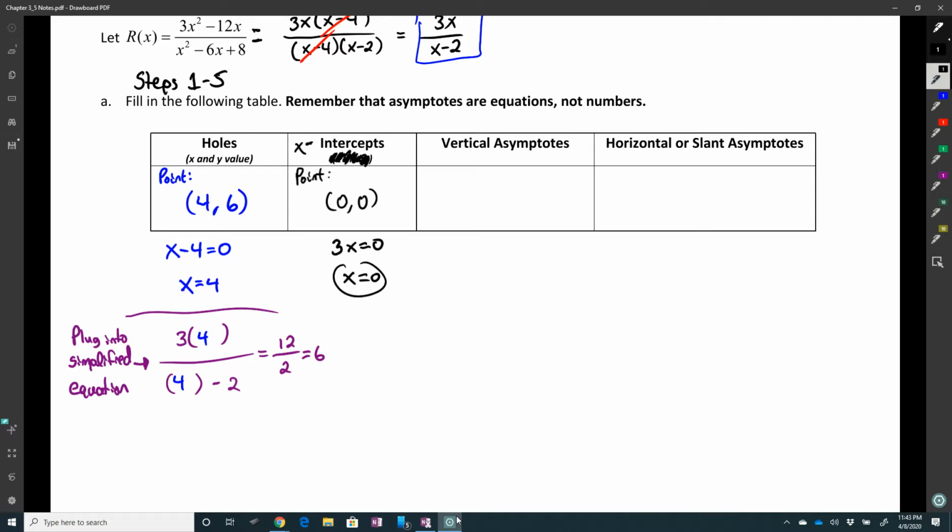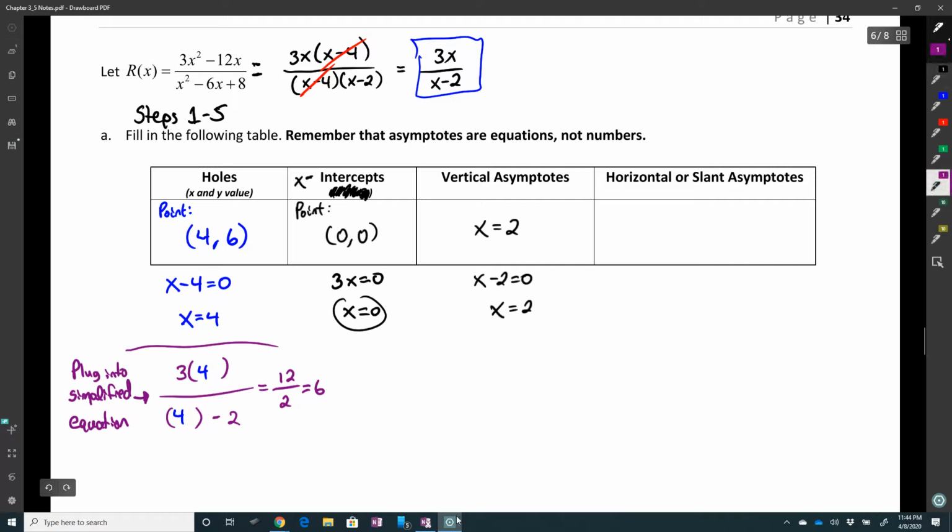Okay, vertical asymptote is the denominator equals 0. So that's just x equals 2. And then the horizontal or slant asymptote, well, if I look at my equation, notice that they have the same degree. Since they have the same degree, you just say y equals, and then you divide the leading coefficients.